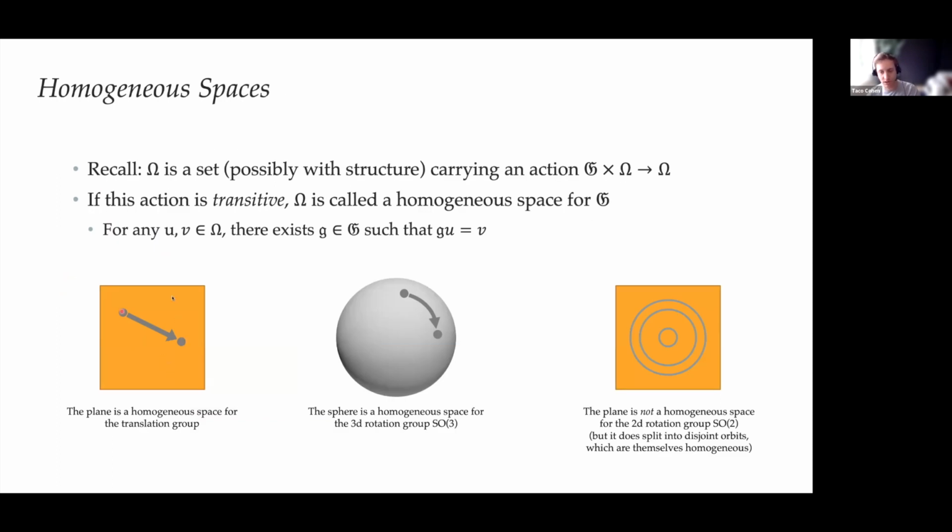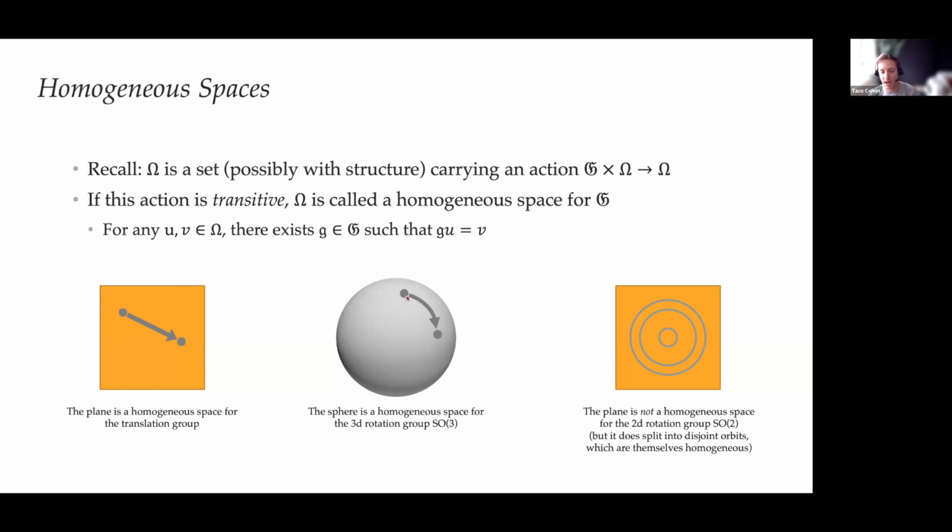We can also consider the same example for another group, namely the group of translations and rotations. So we have the same space, and it is also a homogeneous space for the group of translations and rotations. Again, because if we have any 2 points, we can find some roto-translation that maps one into the other. For example, just a pure translation, and maybe combined with any rotation around the resulting point.